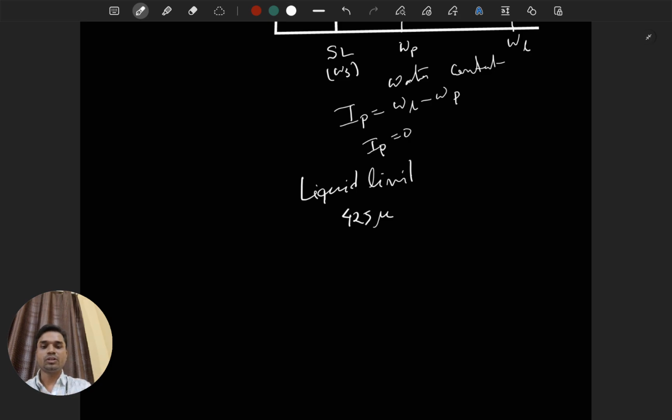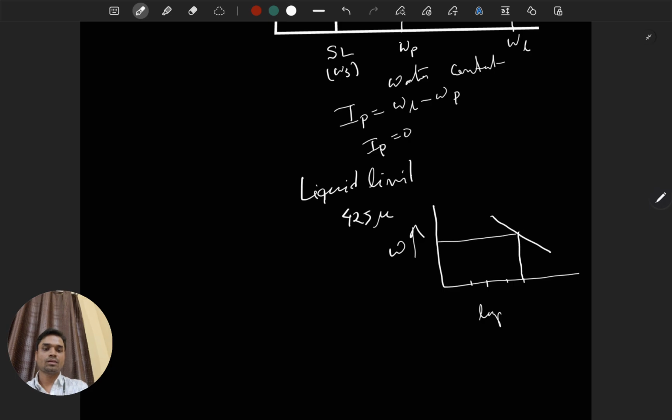In liquid limit, if we draw a curve between water content and number of blows in log scale, then when it comes to 25 blows corresponding to the test, we consider it as the liquid limit. Clear?